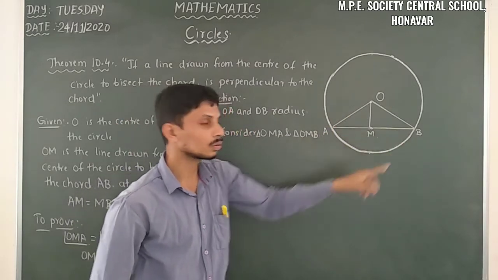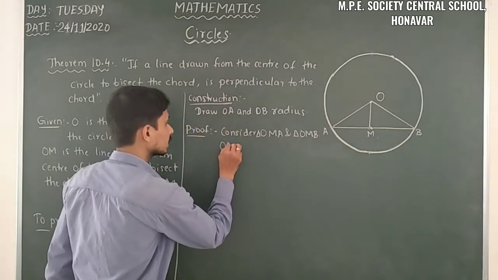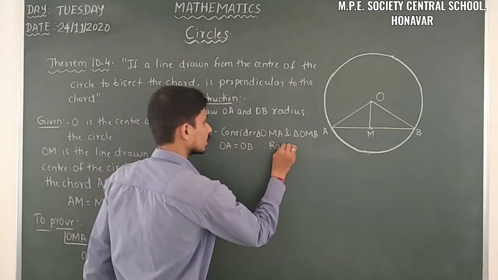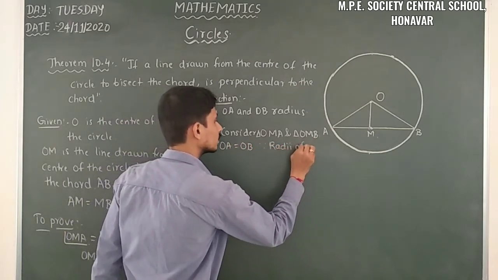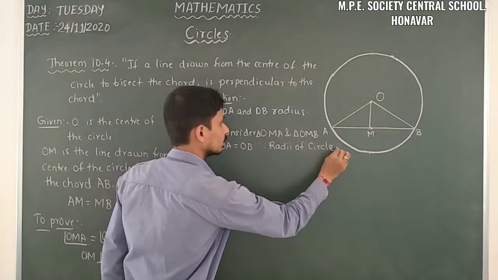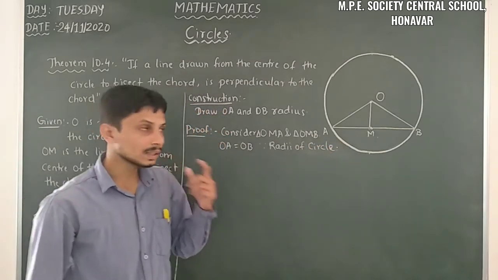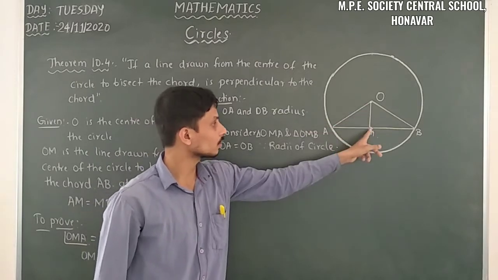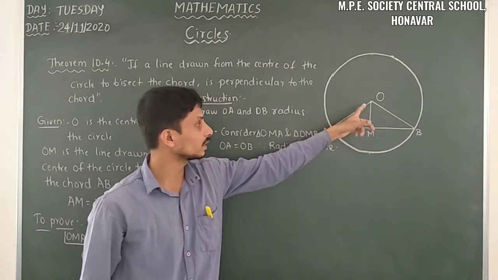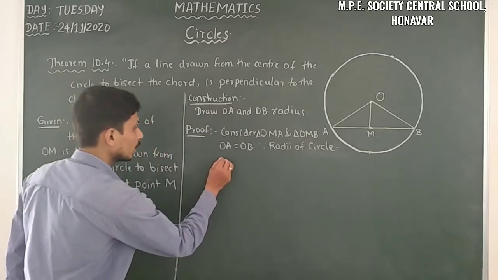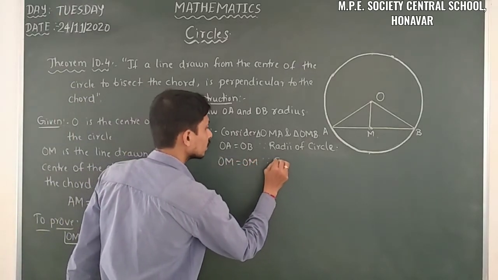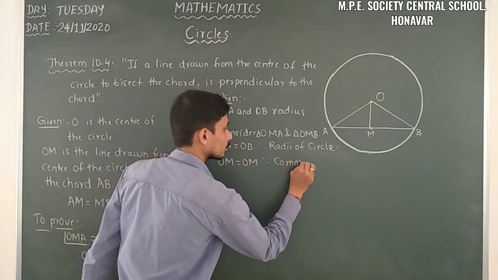That's why OA is equal to OB, because they are radii of the circle. Another equality: OM is common to both triangles. So OM is equal to OM because it is the common side.